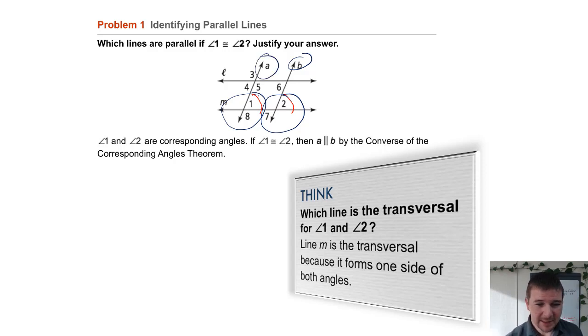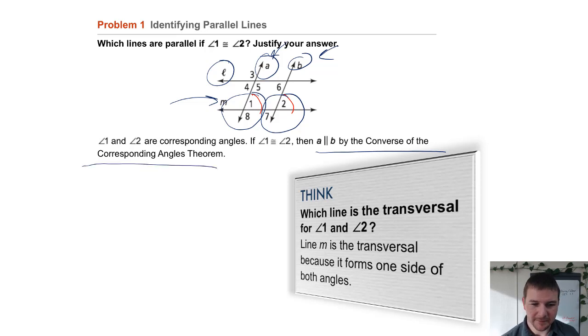Some are created by line B, some are created by line A. None of those 8 are created by line L, but line M contributes to all 8 of those angles. So M is our transversal, meaning that lines A and B will be parallel. And we can state that by the converse of the corresponding angles theorem.